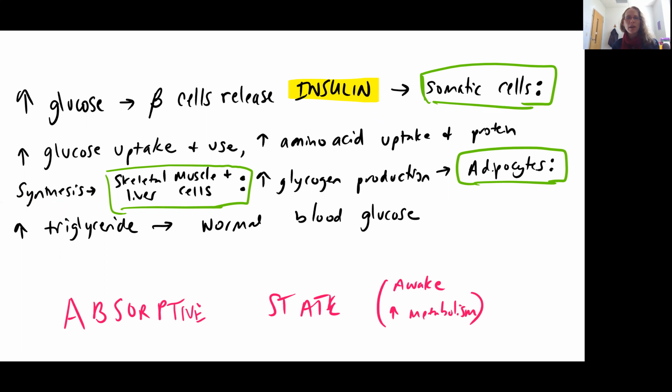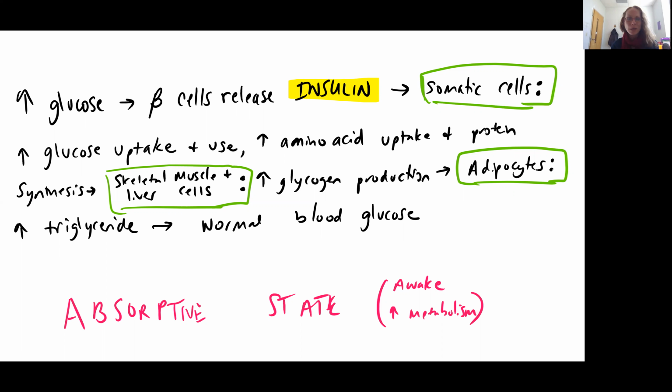Instead of a diagram, I've just kind of mapped it out for you. So when our glucose levels are too high, the beta cells from the pancreas release the hormone insulin. Insulin is going to tell our somatic, our body cells, to increase the uptake and use of glucose. Glucose is abundant, so our cells are going to take it in and use it for glycolysis and cellular respiration and make a bunch of ATP.